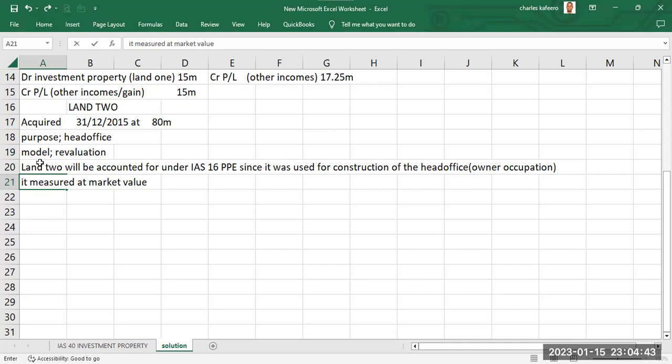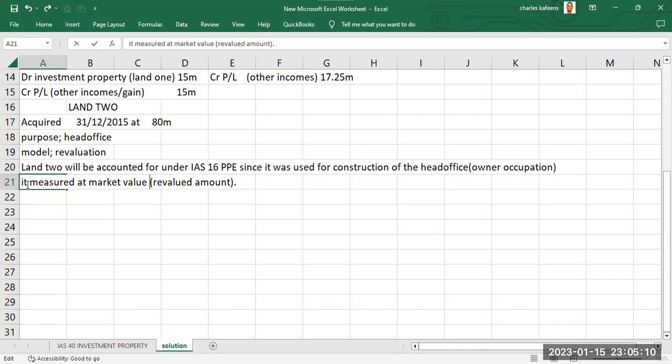That's the fair value. The market value in this term is called the revalued amount. The revalued amount is the amount you get after the asset has been revalued, or the estimated market price.